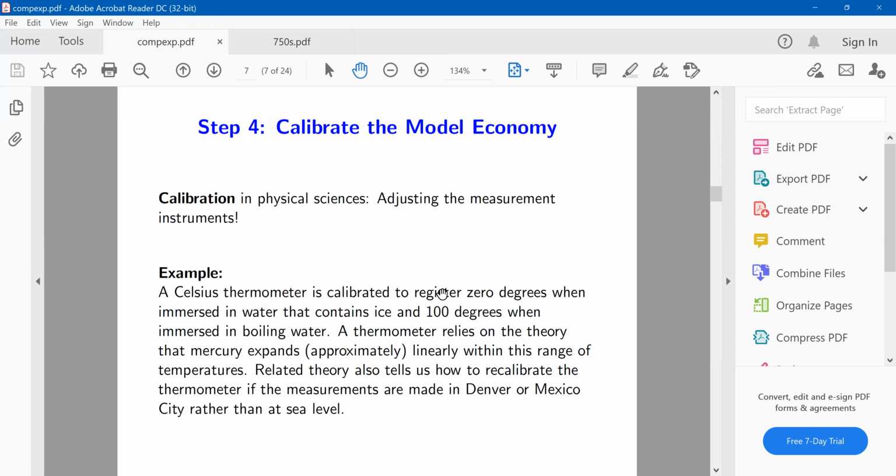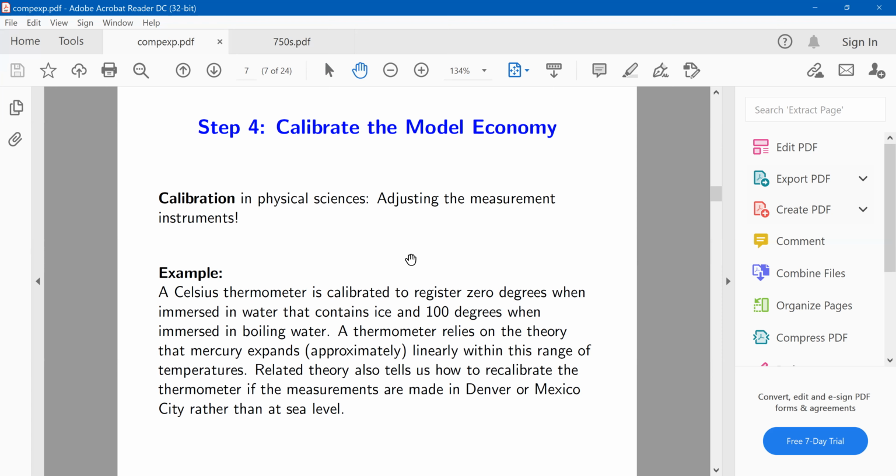Now, on the physical side, let's try to understand what calibration is in physics. You know the thermometer, right? Celsius thermometer. So of course, it registers 0 degrees in cold water, water that contains ice, and 100 degrees, right, in boiling water.